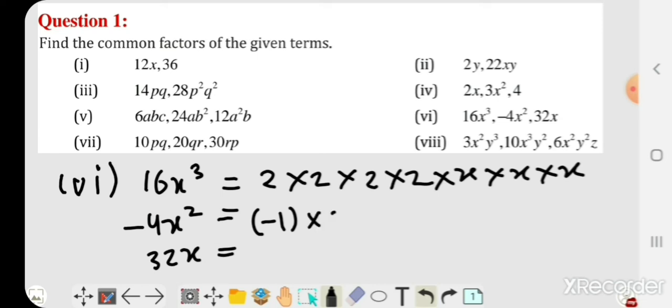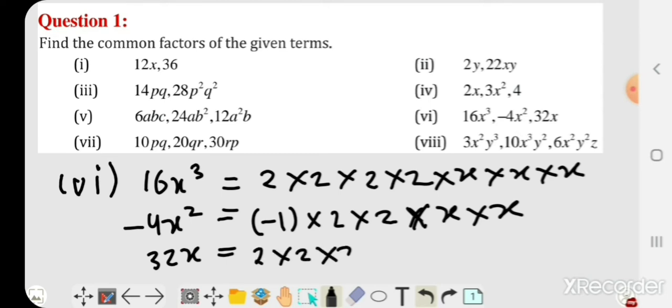Then 2 into 2, 4, then x square means x into x. Just carefully make this multiply and x. Don't mix that x and multiply with small x. Now 32. 2 2s are 4, 2s are 8, 2s are 16, 16 2s are 32. Then into x. So common factor we have to find.